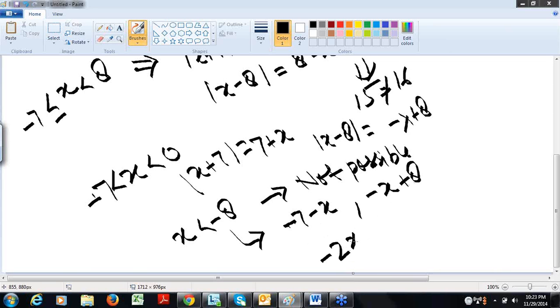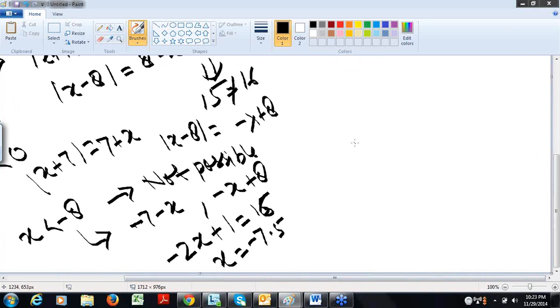Minus 2x plus 1 is equal to 16, which implies x is equal to minus 7.5. Now the total value will be what? Before we got 8.5 and now minus 7.5. So it will be 1.